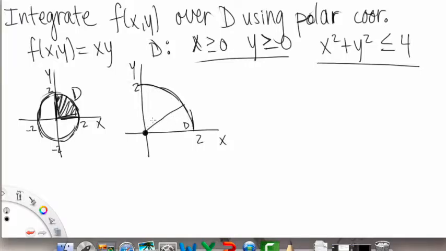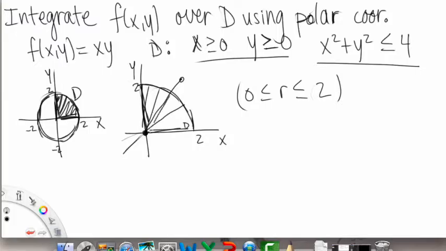So r goes from 0 to 2. If r were anything less than 0, it would be going backwards, which is definitely out of the region. And if it goes higher than 2, like over here, that's going out of the region as well. So it has to stay within 0 and 2.